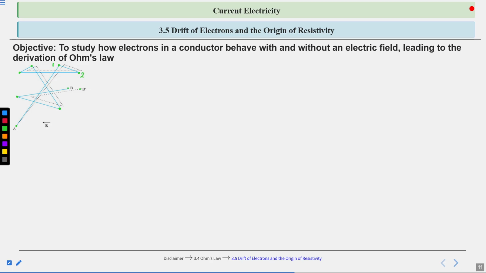Now it will reach point 2. Here again collision happened and it will deviate from its path. It will reach this point 3. Again collision happened and so on. And after going through so many collisions, it will reach point B.